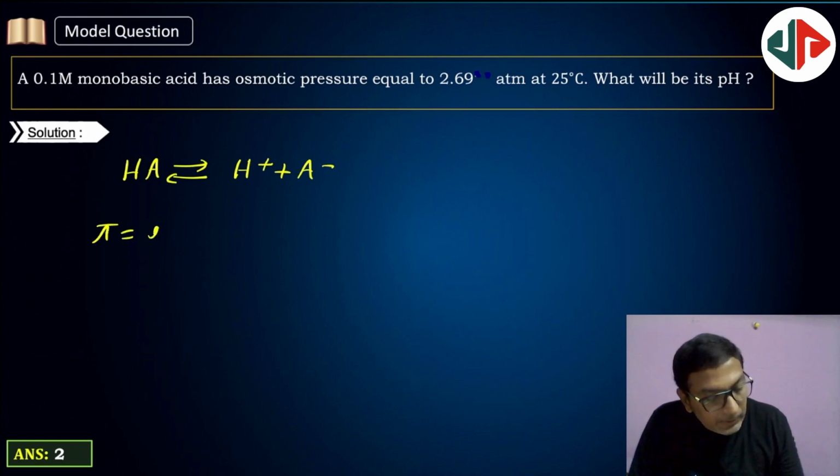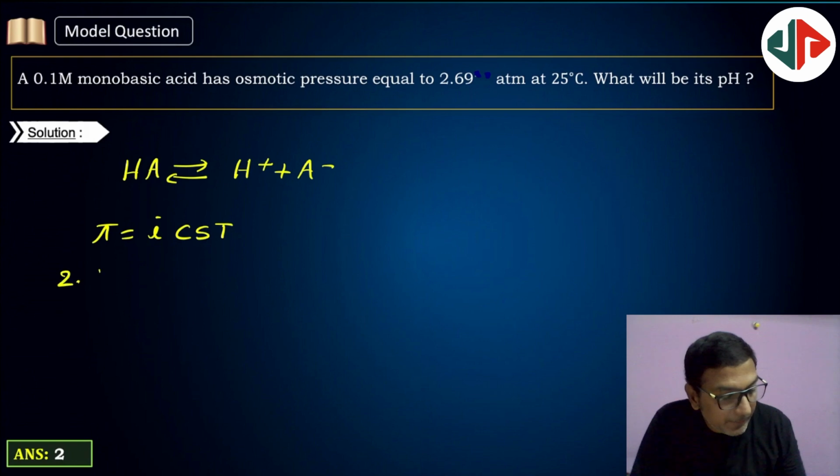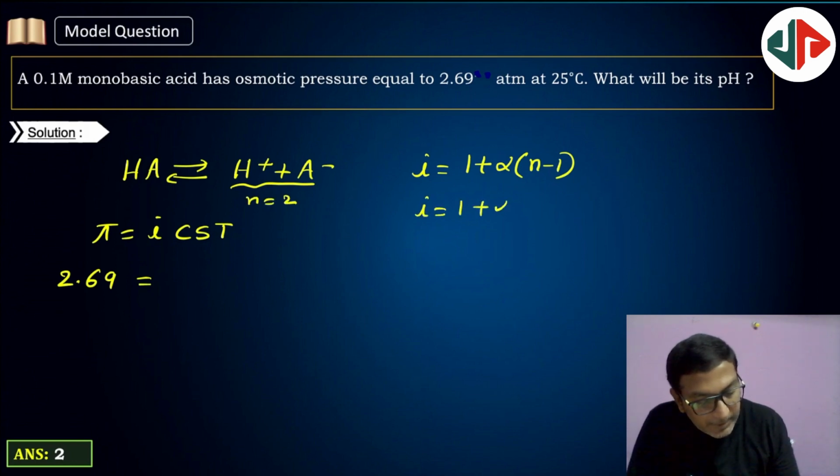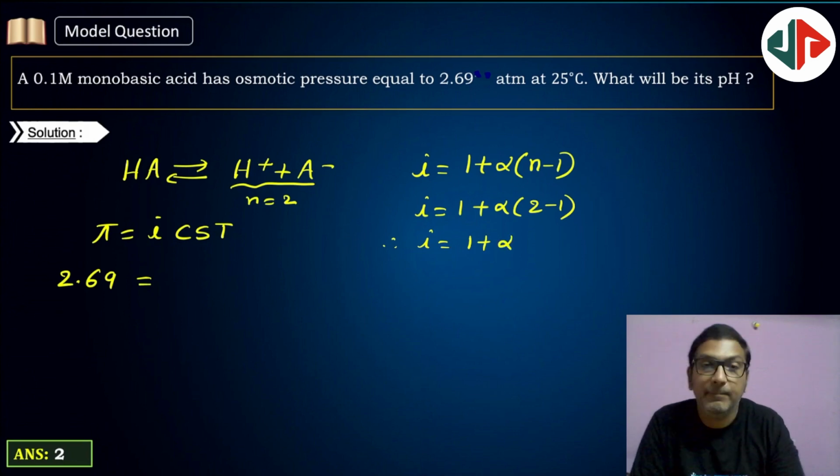So pi equal to i into CRT. Pi is given, 2.69 atmospheres. Here i value equal to 1 plus alpha into n minus 1 in case of dissociation. Here n equal to 2. Therefore i equals 1 plus alpha into 2 minus 1, that means i equal to 1 plus alpha.